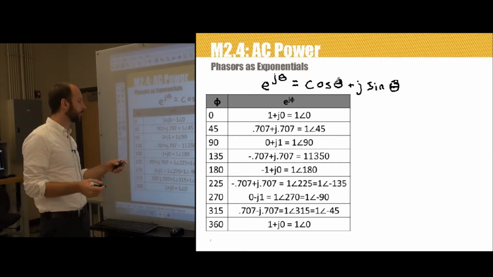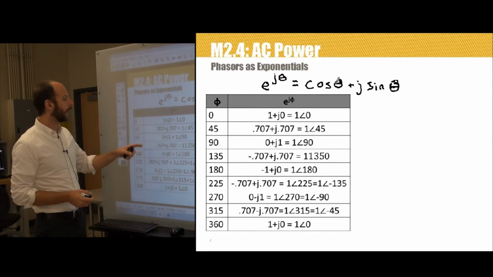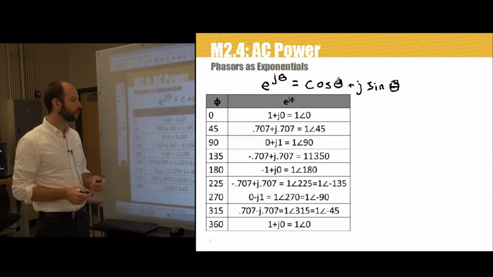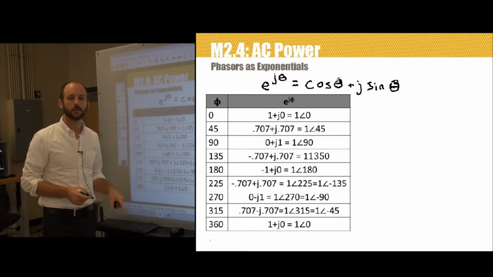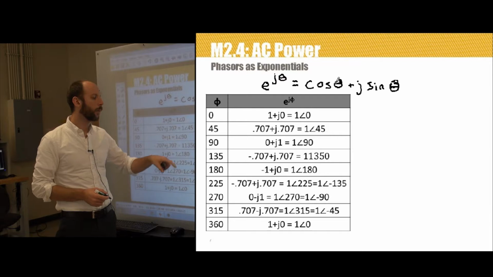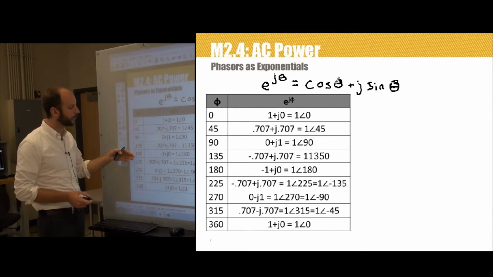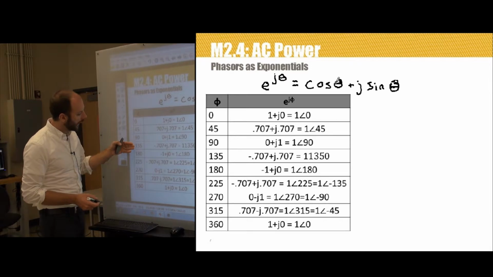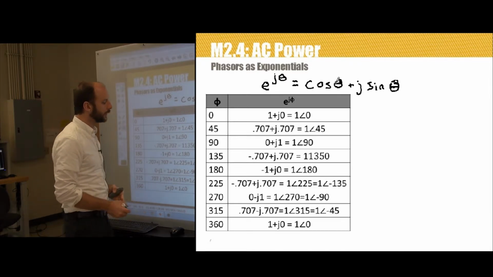Now let's rotate by 45 degrees. Let's plug 45 in for theta here, e to the j 45. That gives us 0.707 plus j0.707, or in polar form, 1 at an angle of 45 degrees. As we increase the angular rotation, we go from 1 at angle 45 to 1 at angle 90.